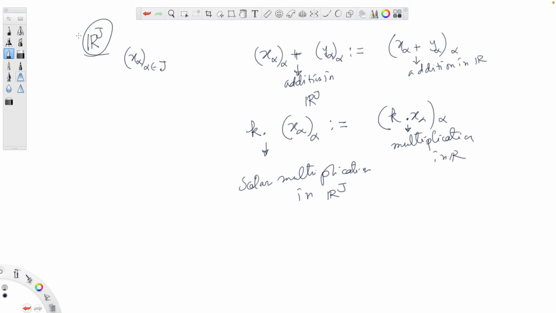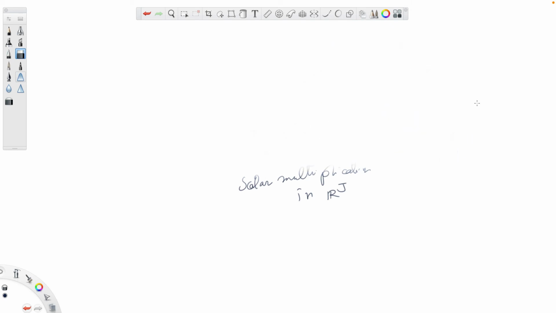All right. Okay. Now let E, the boldface E raised to J, denote the subset of R to the J. It's a subset of the vector space R raised to J consisting of all points X alpha, such that X alpha is a component of this J tuple.